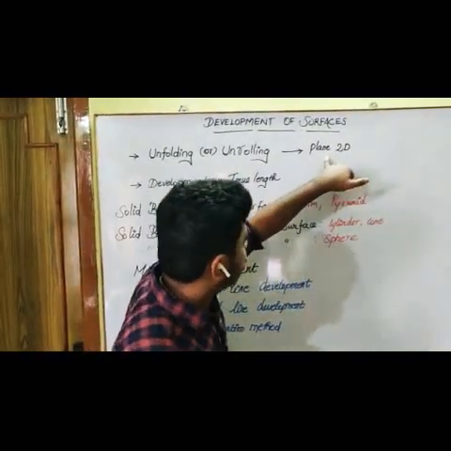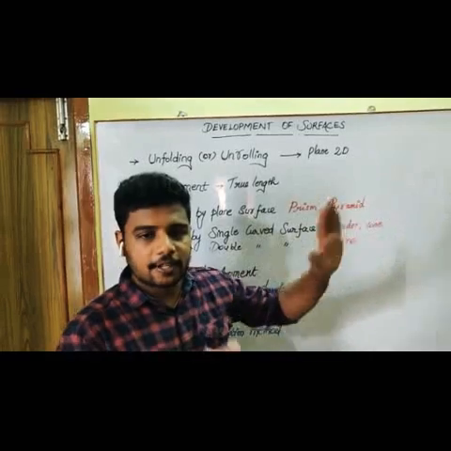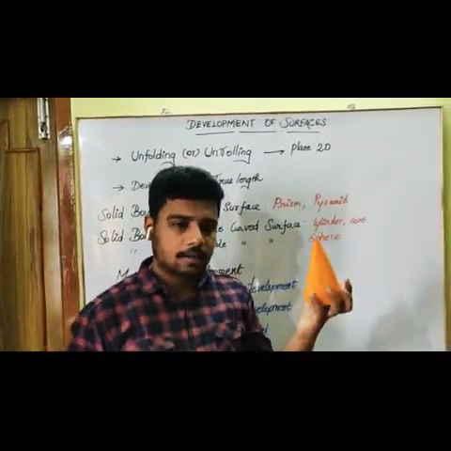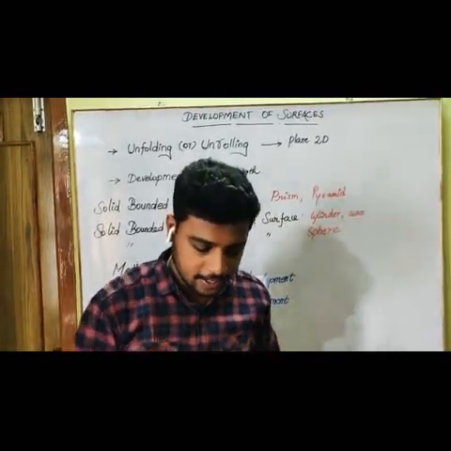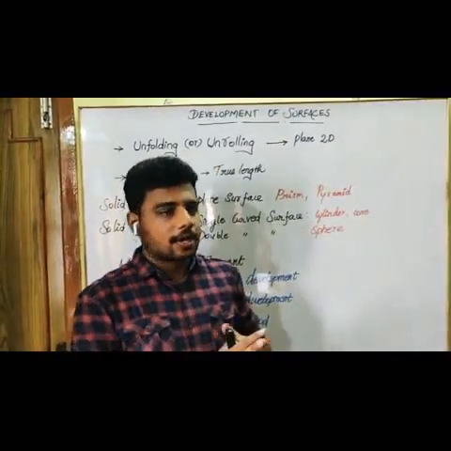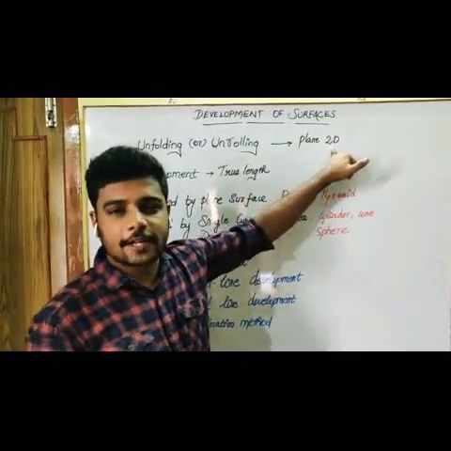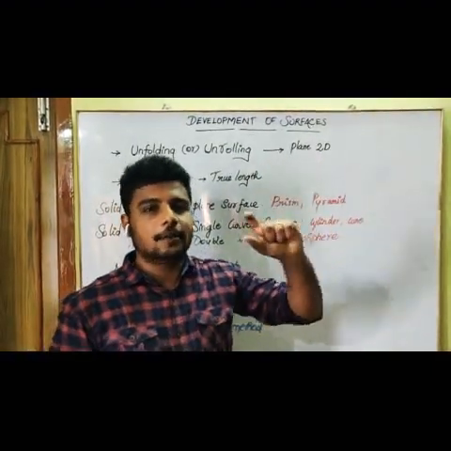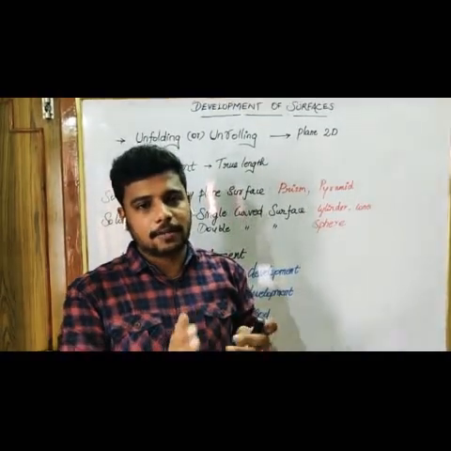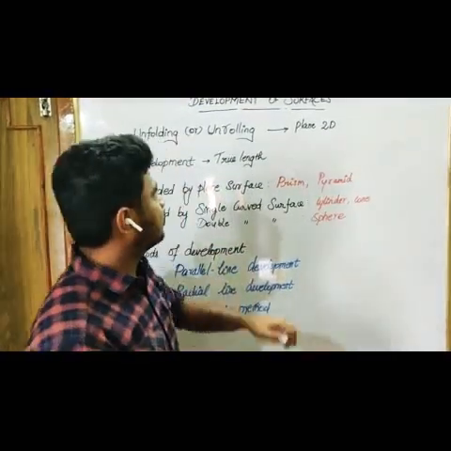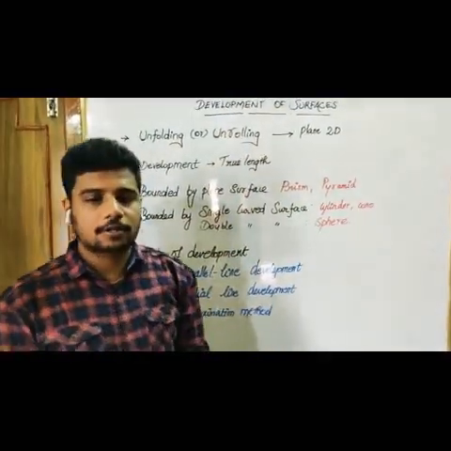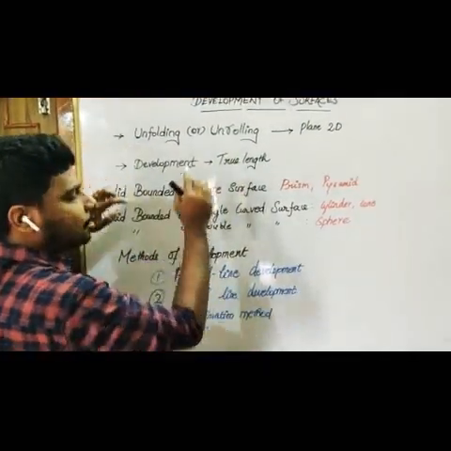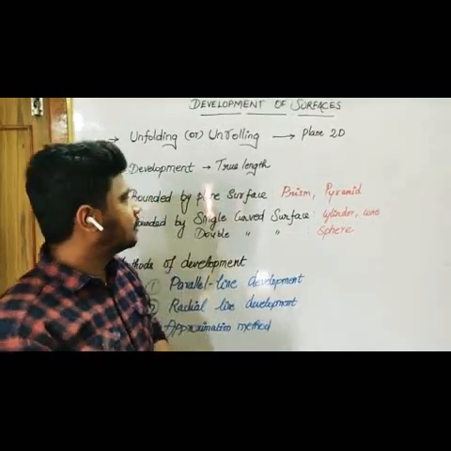You have to manufacture this plane 2D surface first to get any shape you want, like a cone or cylinder, and it should use the material optimally. So development is nothing but unfolding or unrolling the bounded surfaces.